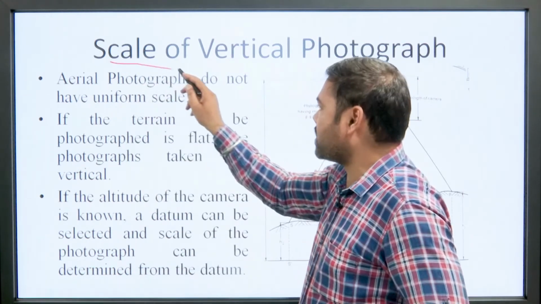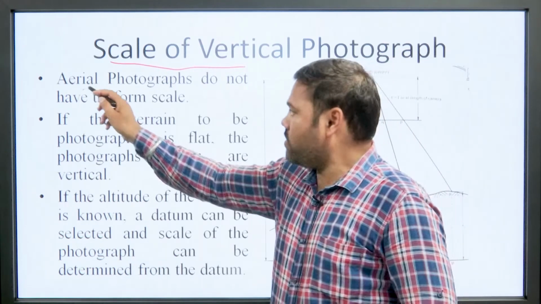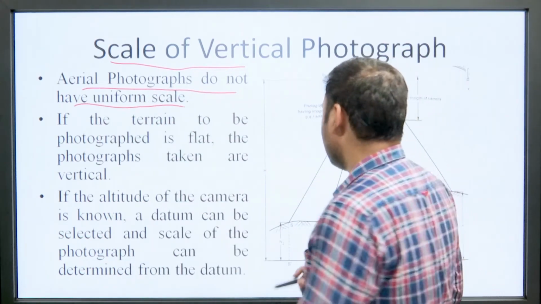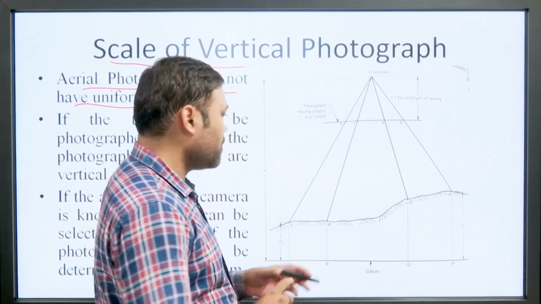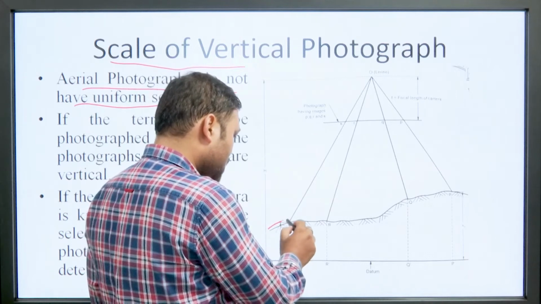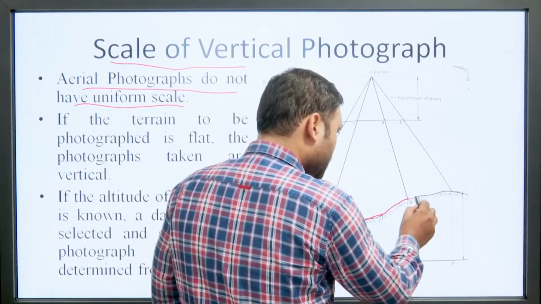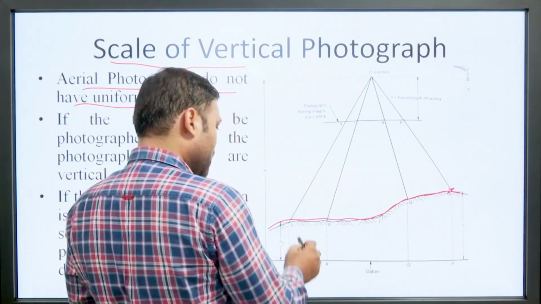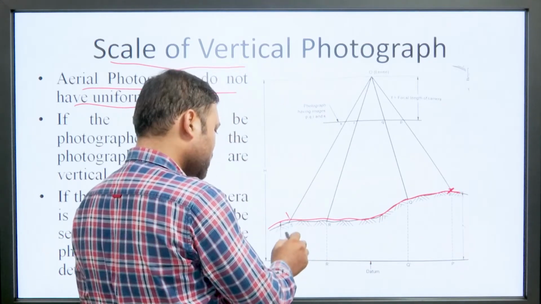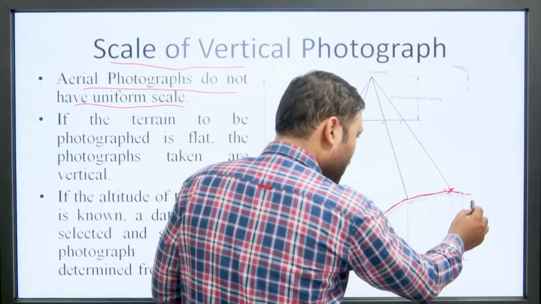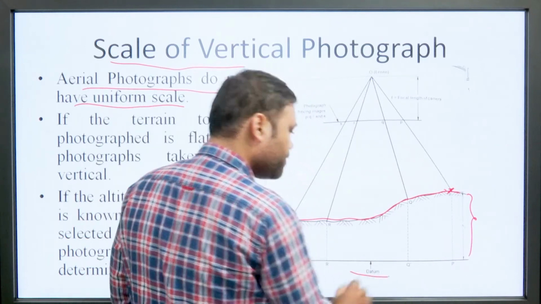Now, aerial photography does not have uniform scale. It means by looking at this figure, we can easily determine that this is the ground. Point P and point S have different heights from the datum.